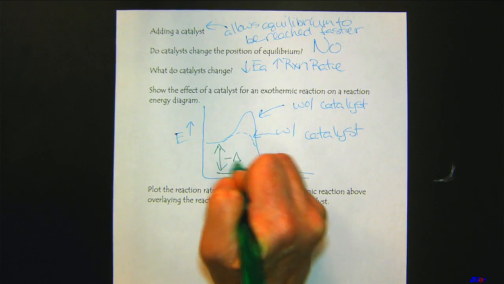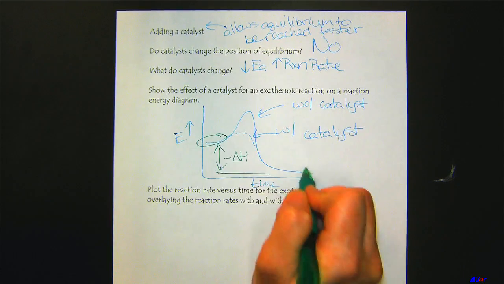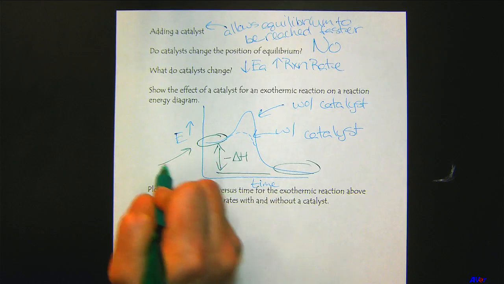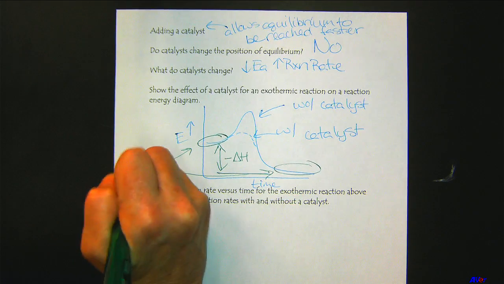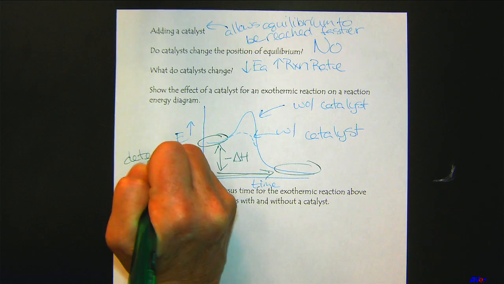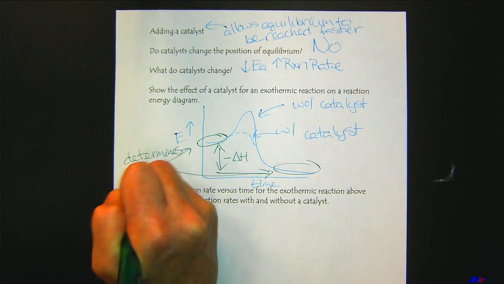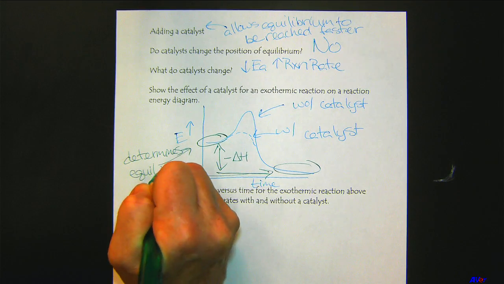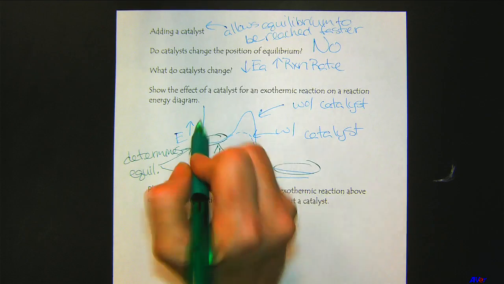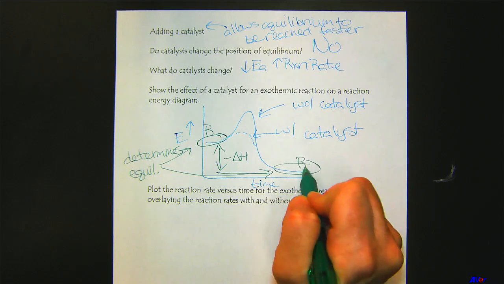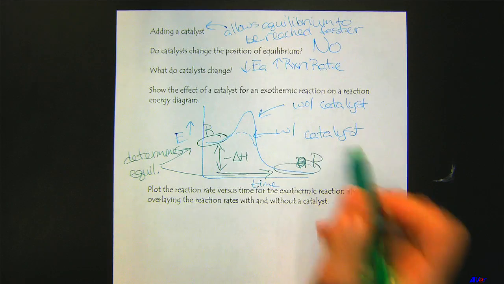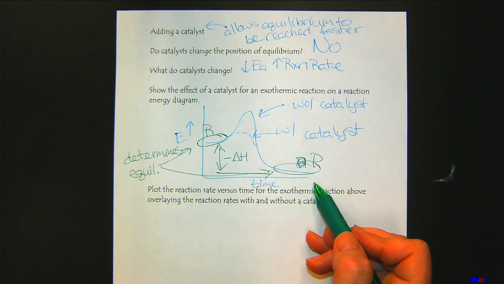So here, there's our minus delta H. This energy difference between reactants and products determines the equilibrium. So the relative energy of the reactants and products is going to determine our equilibrium.